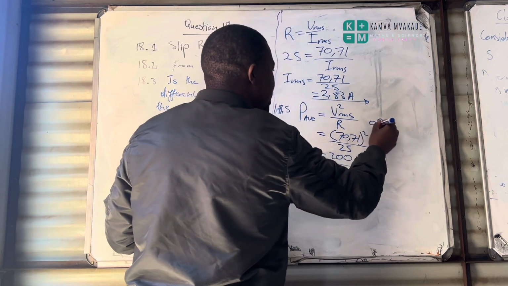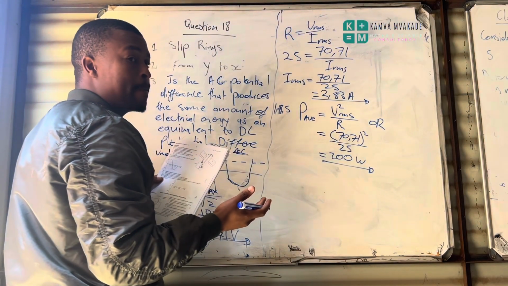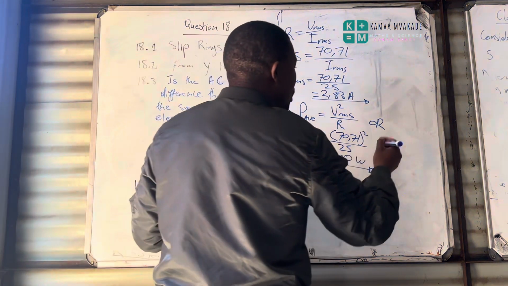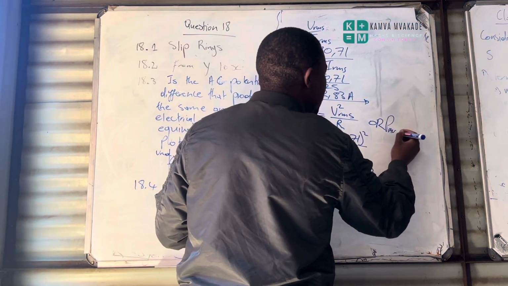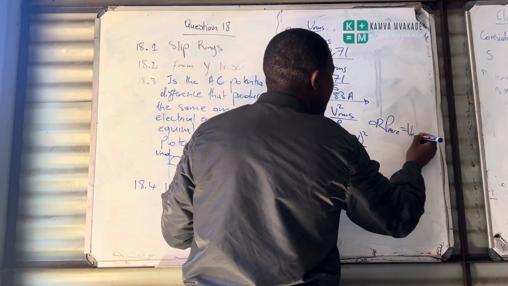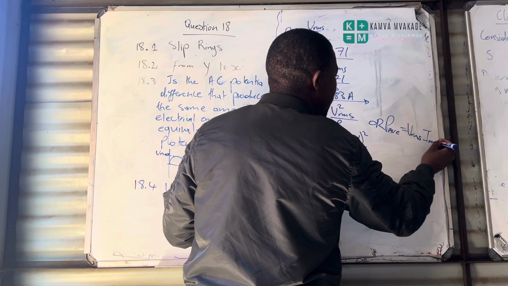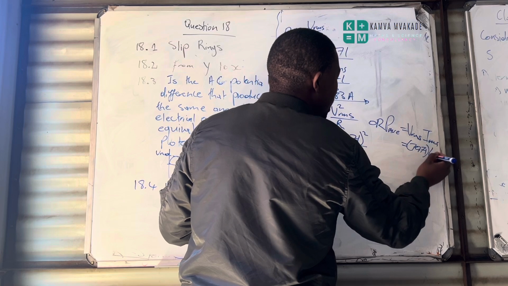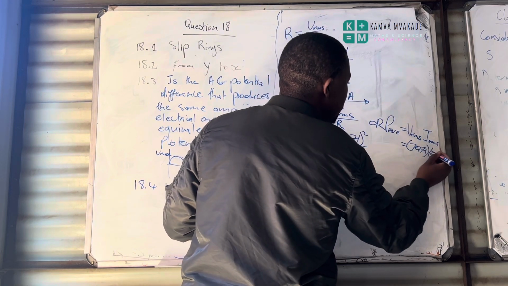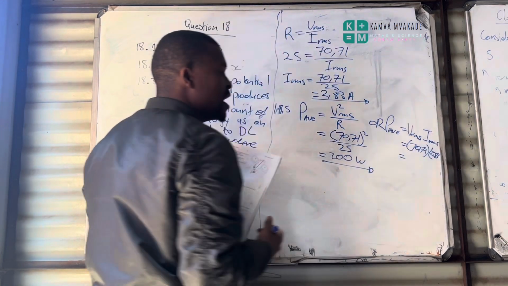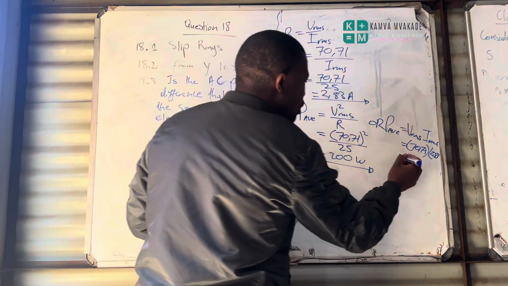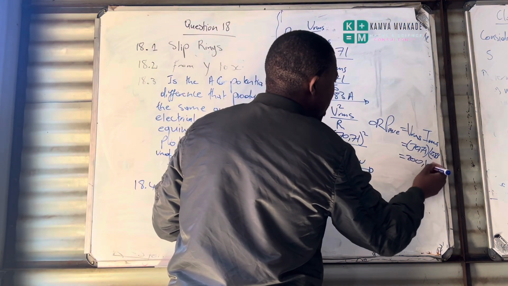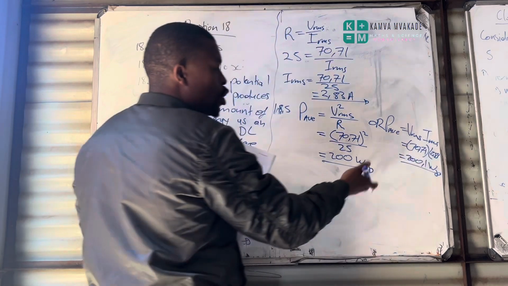Or alternatively, you can say P average is equal to V RMS times I RMS. Again, 70.71 times 2.83. What is the answer there? 200.1 watts, which is almost the same thing.